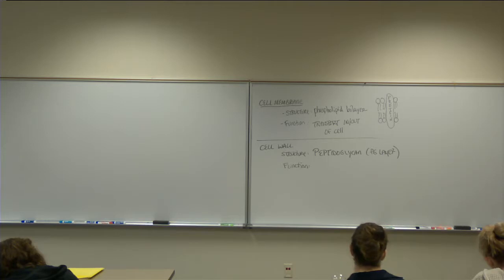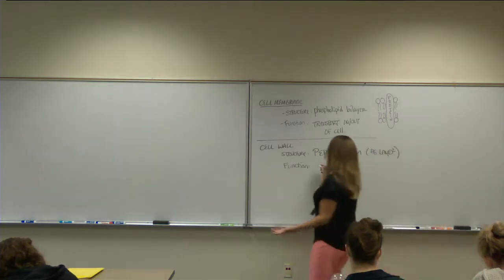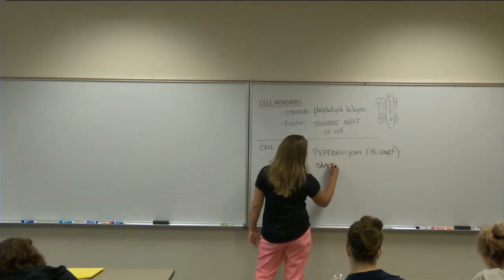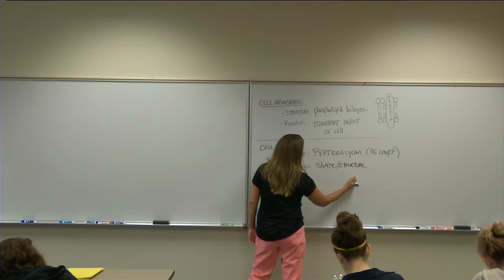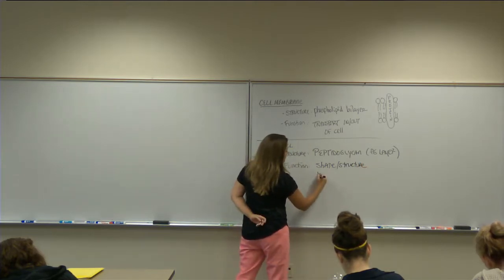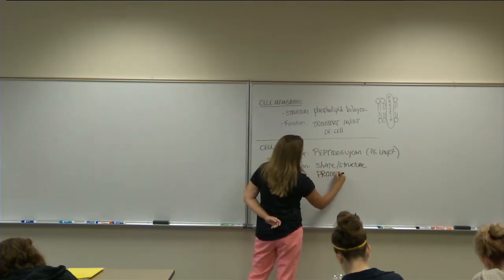What does it do? What is its function? Protection. One function would be, I'll put shape, structure. That's not the primary function. Primary function is going to be what Anna said, and protection.